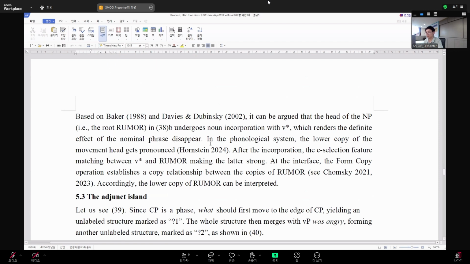In the phonological system, the lower copy of the moved head gets pronounced. After incorporation, the selection feature matching between V and the rumor makes the latter strong. At the interface, the form copy operation establishes a copy relationship between the copies of the rumor, and then the lower copy of the rumor can be interpreted.